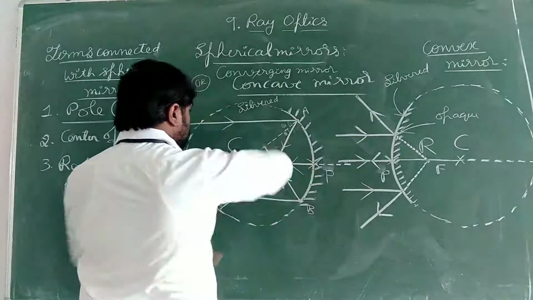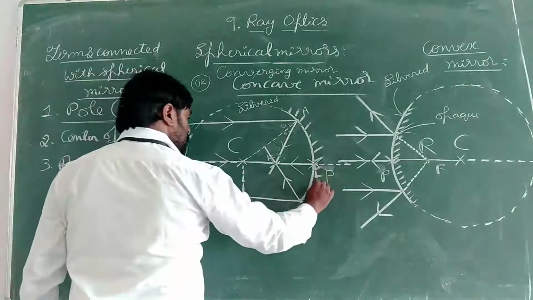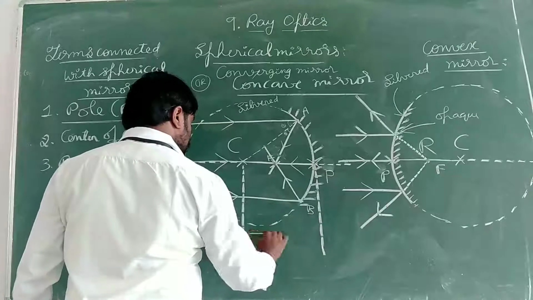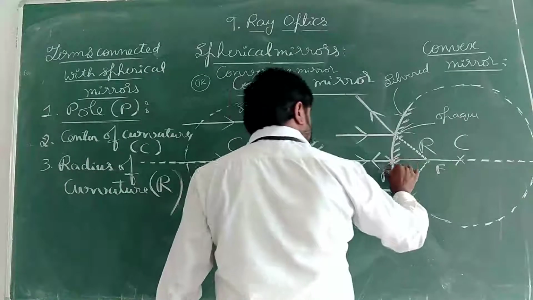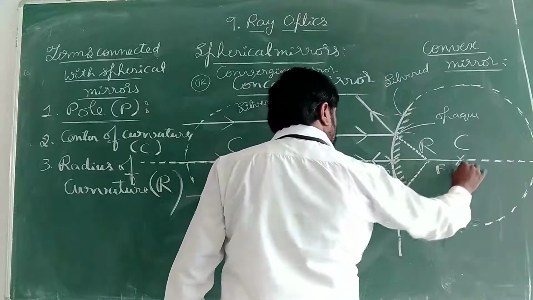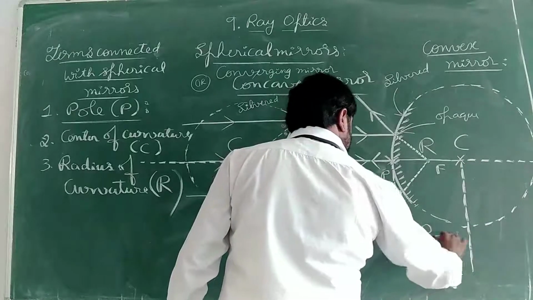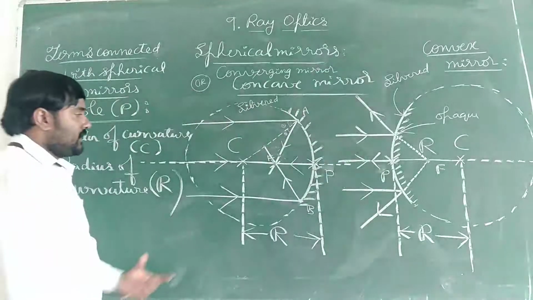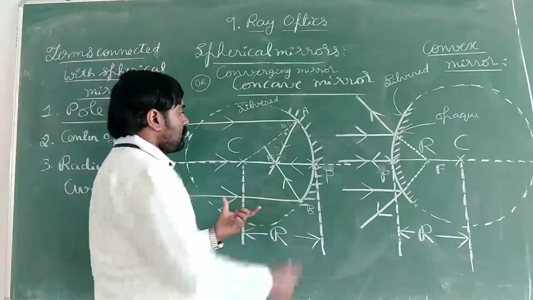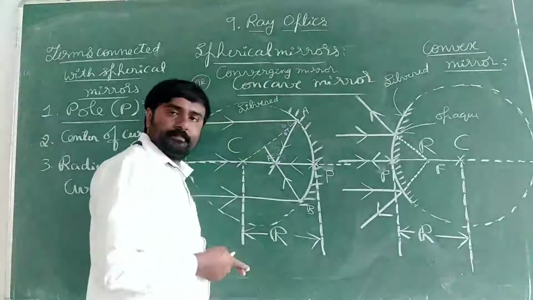Actually, it is the distance from the pole to the center of curvature. So this is the radius of curvature, the radius of the sphere.